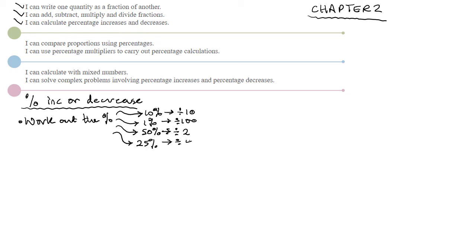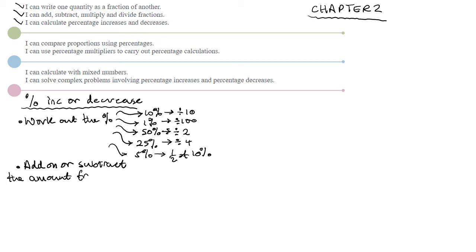Lots of others, 5%. An easy way to do that is just half of 10%. So work out 10%, find half of it. And then work out those percentages, and then the next thing you do is either add on or subtract the amount from the original quantity.